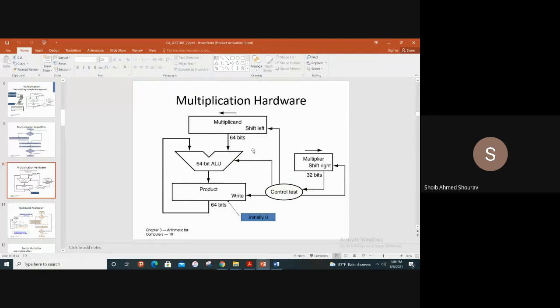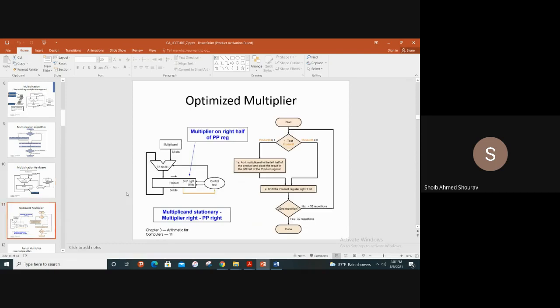To do that, either we have to remove one of the registers, reduce the number of registers, or reduce the number of bits these registers are taking, or do both: remove a register and reduce the number of bits as well. In this optimized multiplication algorithm, they have done both. They have removed one of the registers and reduced the number of bits as well.